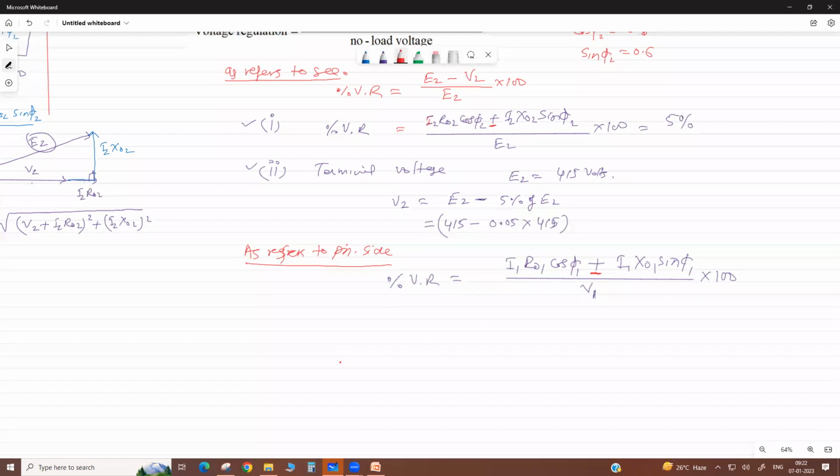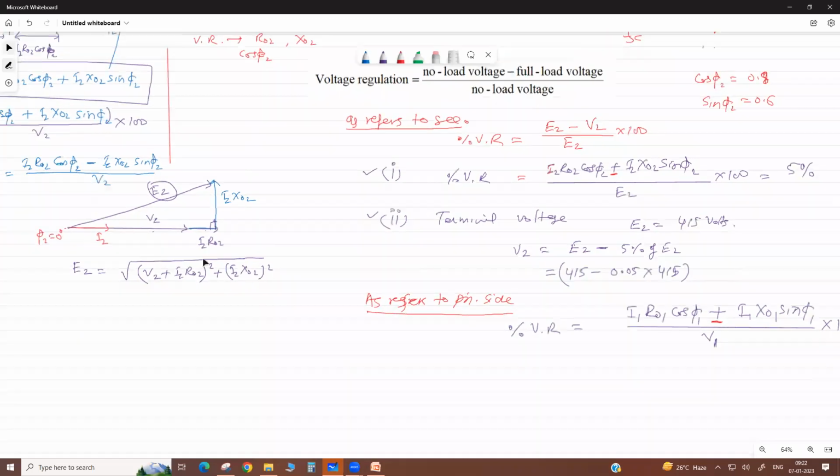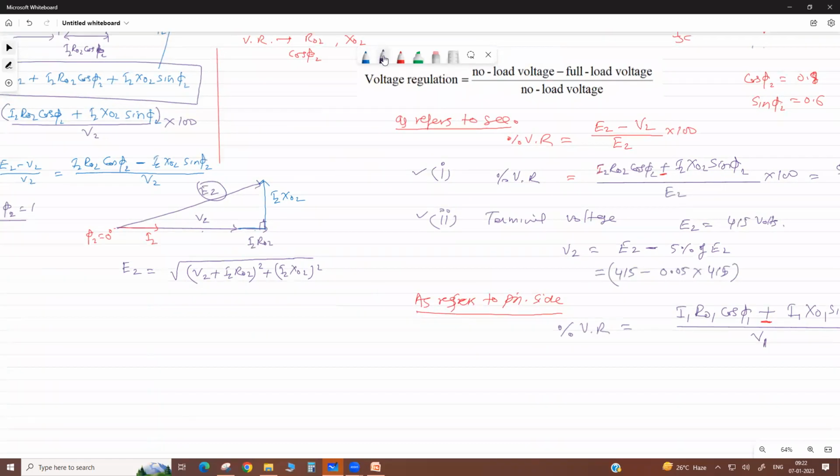At unity power factor, you use this, as referred to primary side. This is the secondary side, and on the primary side this is your V1 voltage. At unity power factor your current is in the same phase, I1, because phi 1 is 0 degree.